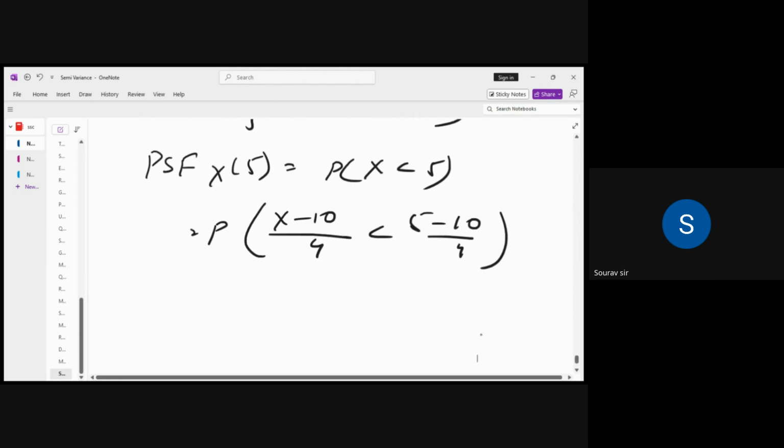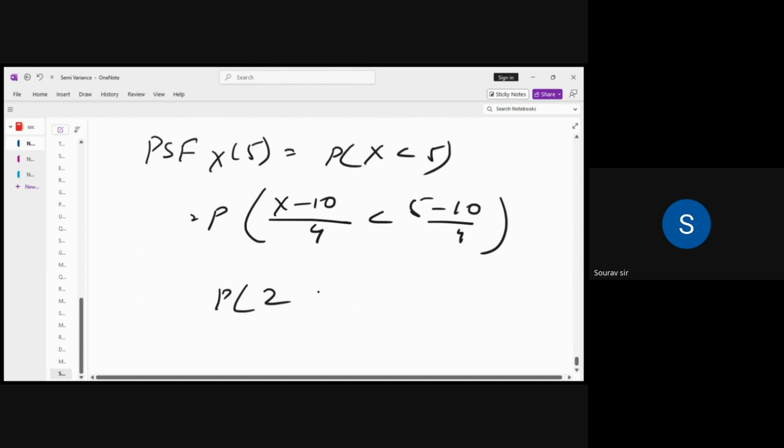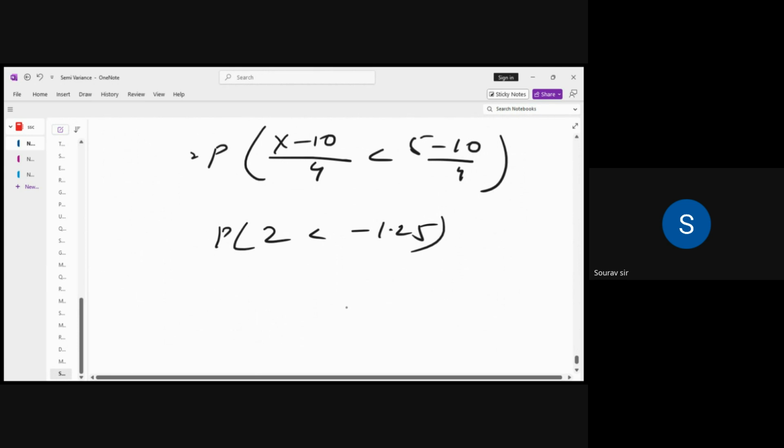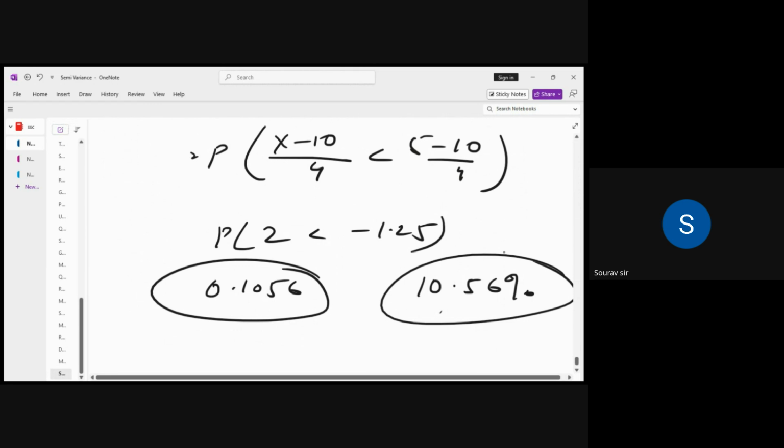Then it will be P of z less than minus 1.25. Using the standard normal table, z less than minus 1.25 comes to 0.1056. So the probability of shortfall will be 10.56%.